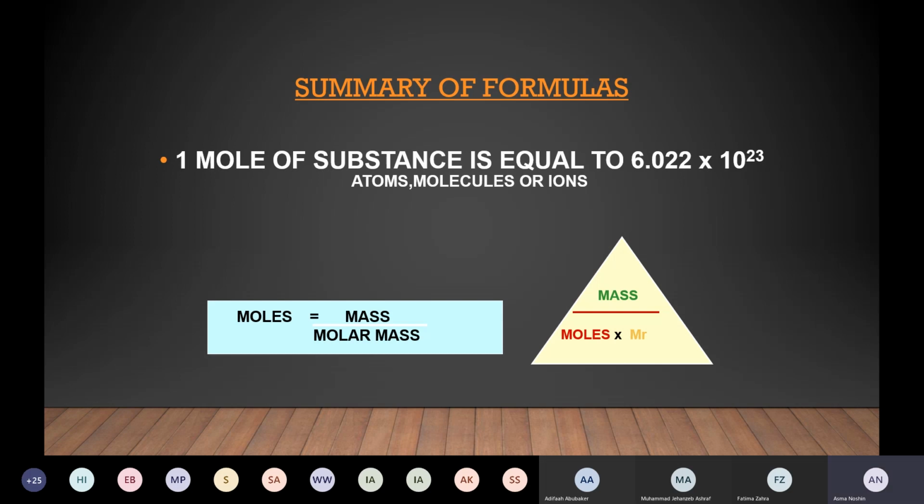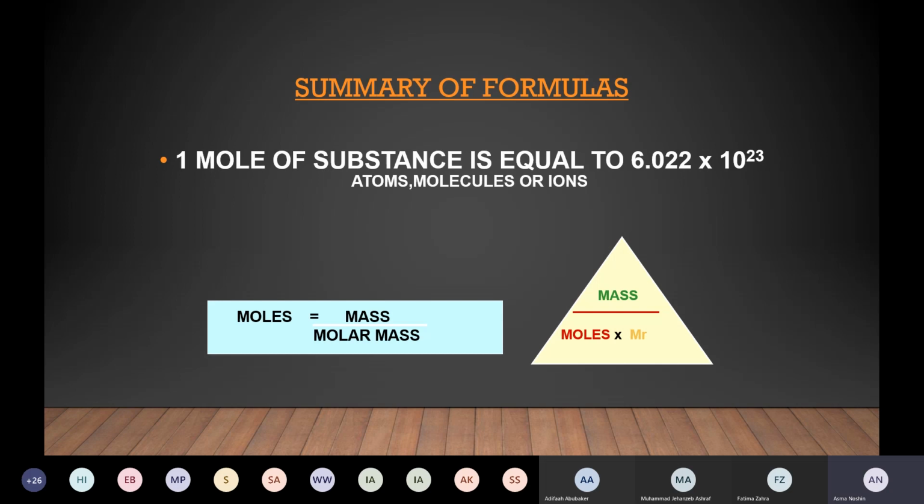If you want to find number of moles from this triangle formula, what will you do? See, number of moles is written down. So if I want to find number of moles, mass and Mr are showing you a fraction. Yes, they are showing you a division.